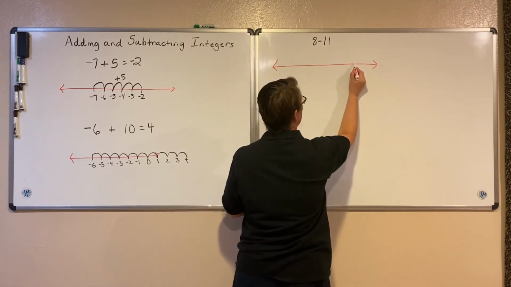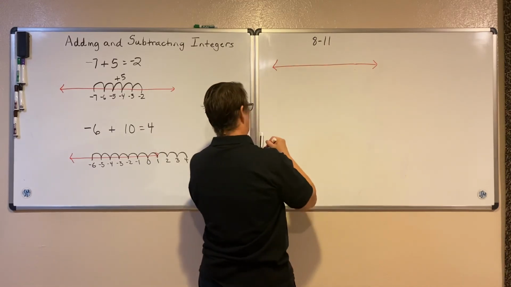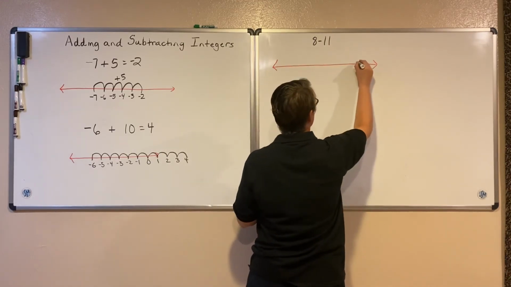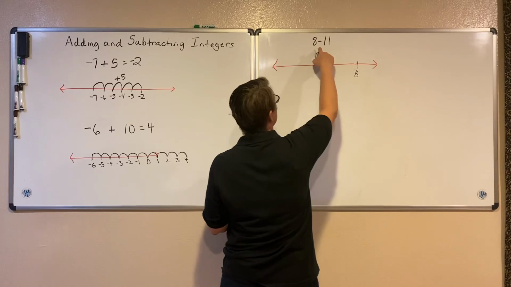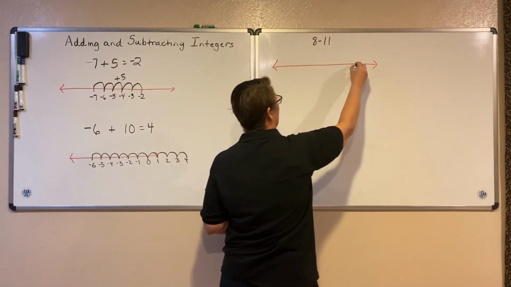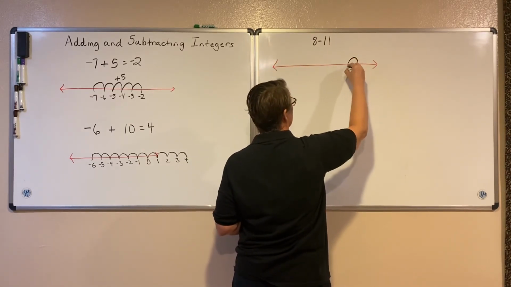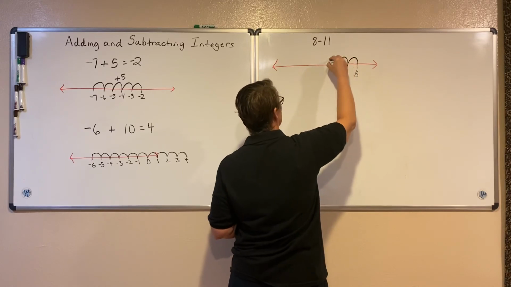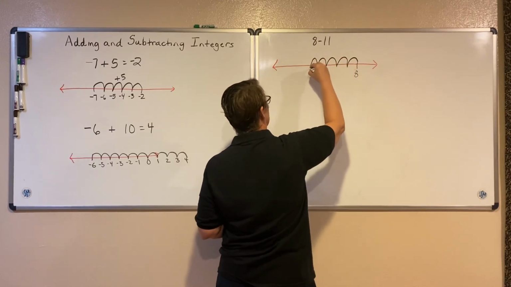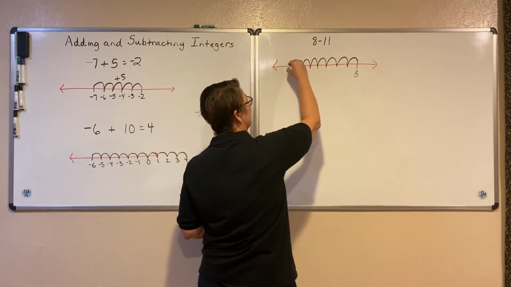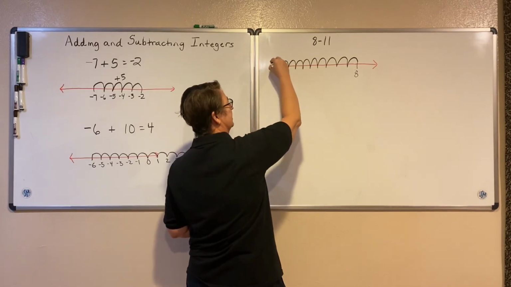So that minus here says to go to the left. This time I'm actually in positive land, but the negative says to go towards the left. So I'm going to go towards the left 11 spots. 1, 2, 3, 4, 5, 6, 7, 8, 9, 10, 11.